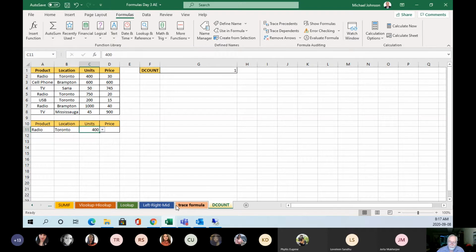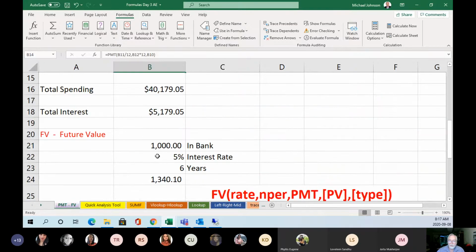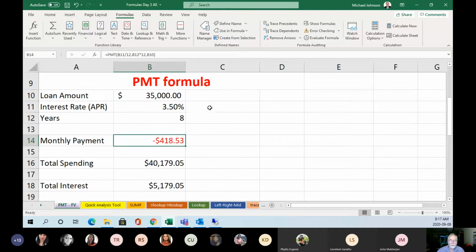So each one of these formulas is more of an advanced area, except of course for this one, and that's the PMT. I really do want you to spend a little bit of time becoming very aware of using PMT.